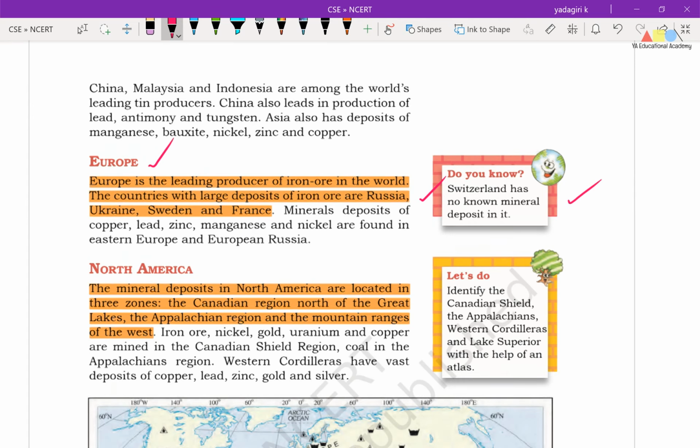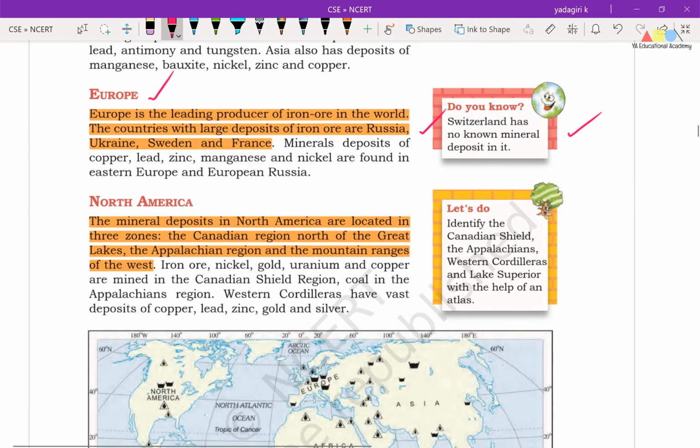So this is an important fact. And friends, if we see the mineral concentration in North America, the mineral deposits in North America are located in 3 zones. Those are the Canadian region north of the Great Lakes, the second one is the Appalachian region, and the third one is the mountain ranges of the west.